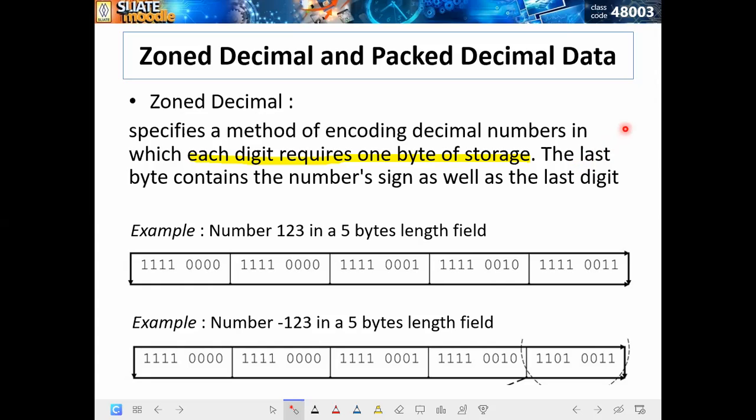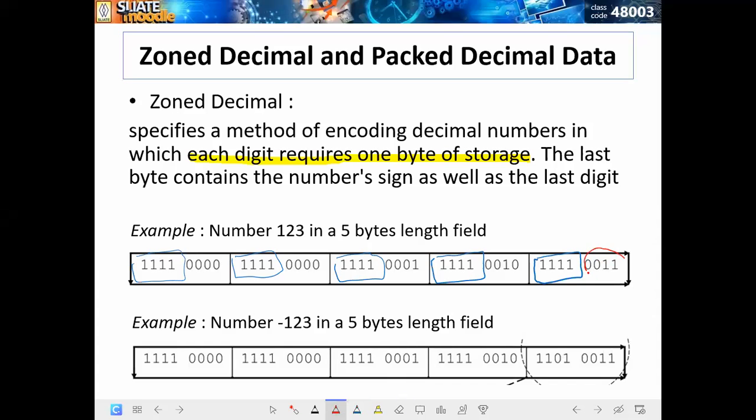Because in here, in this zone decimal method, we call this one as the zone, this part, right? When you think of each block, this is the zone, right? And this is the value.